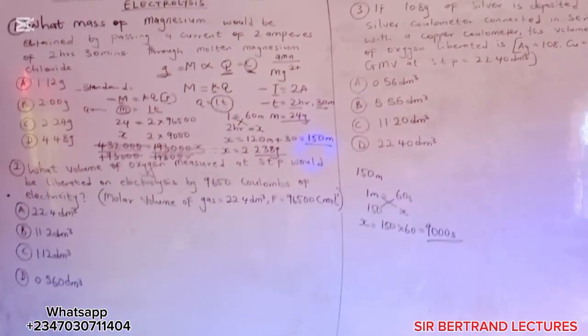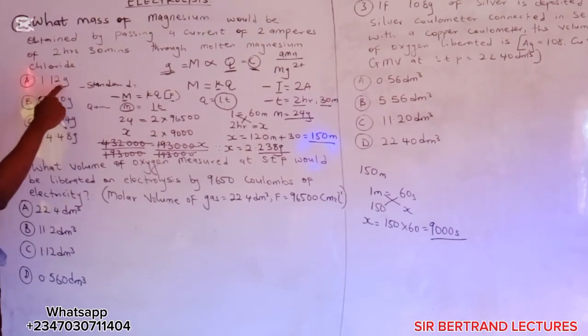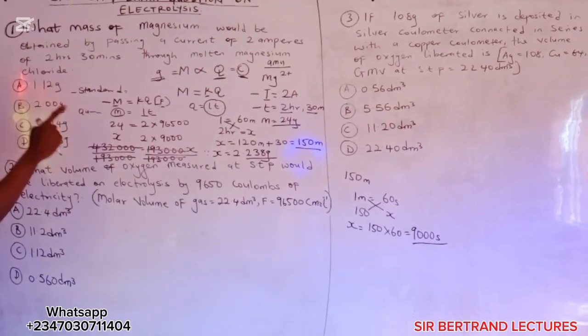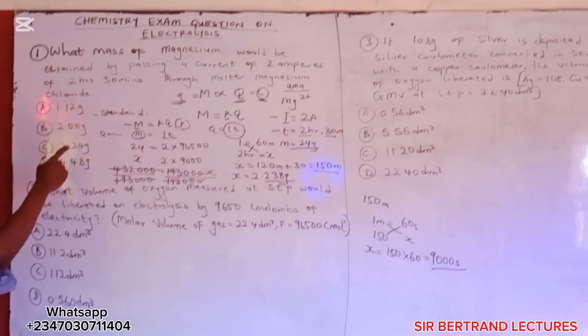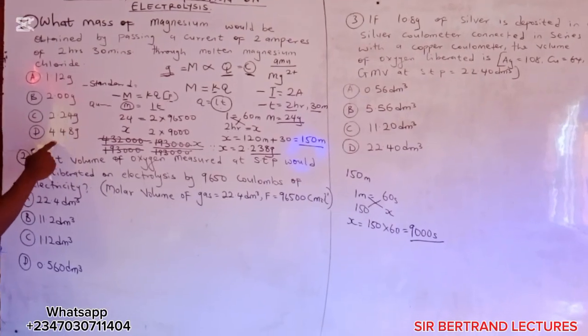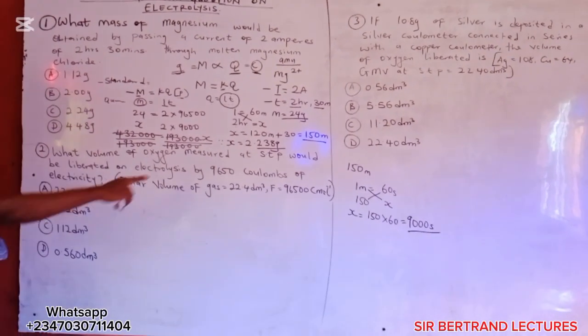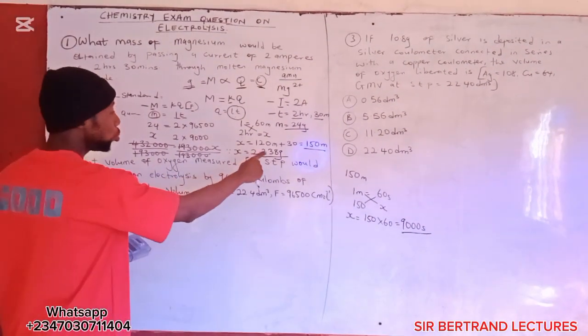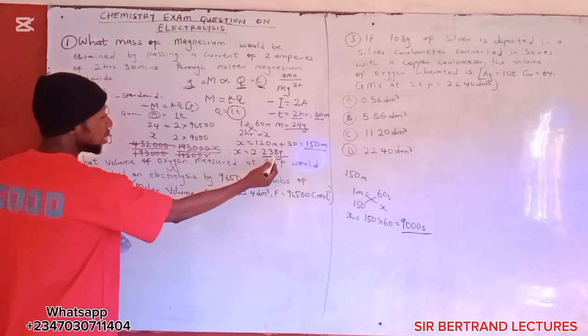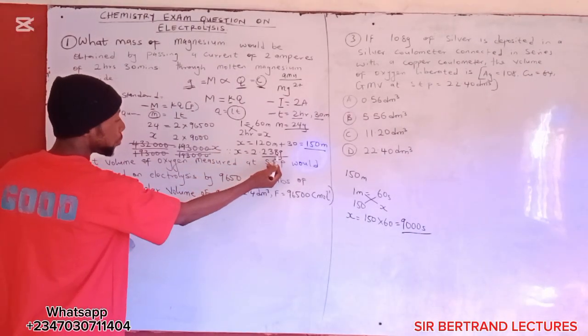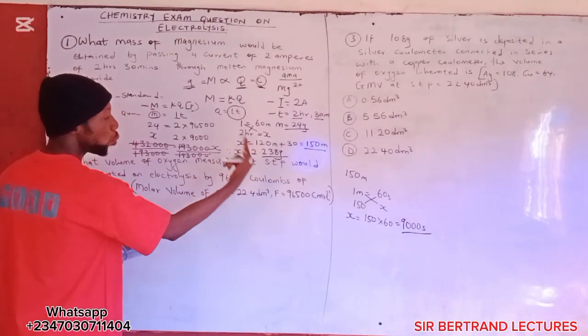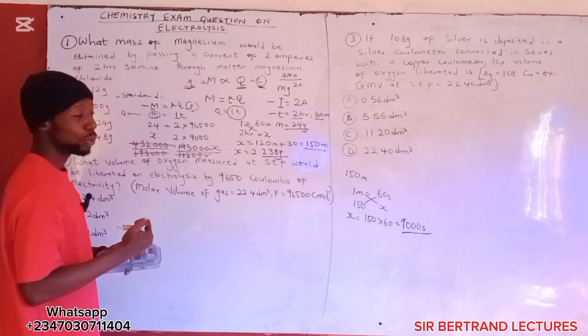So you come here in the options, you have 1.12 gram, 2.00 gram, 2.24 gram, and 4.48 gram. And what we have here is 2.238. This 8 here is up to 5, so you call it 1 and add to this 3, and it will become 4.